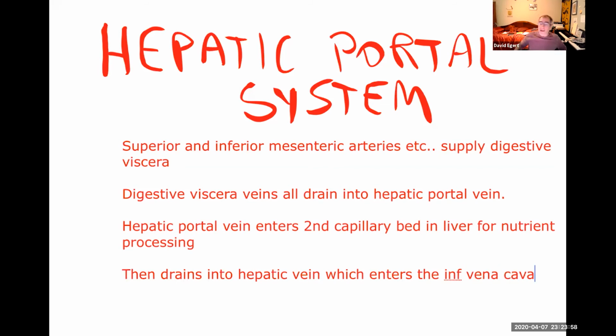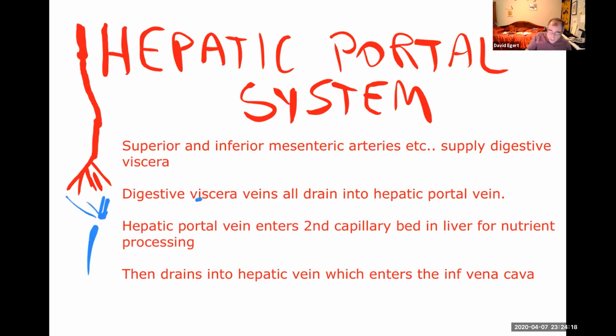And now we're back in the normal circulation. So again, you basically have the mesenteric arteries coming in to a system of capillaries in the digestive viscera.